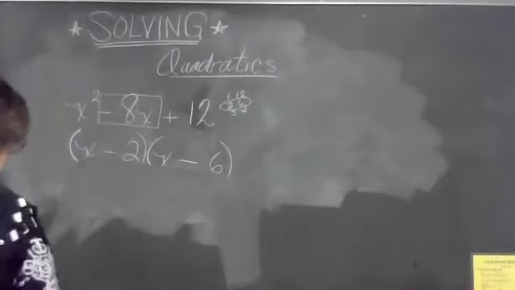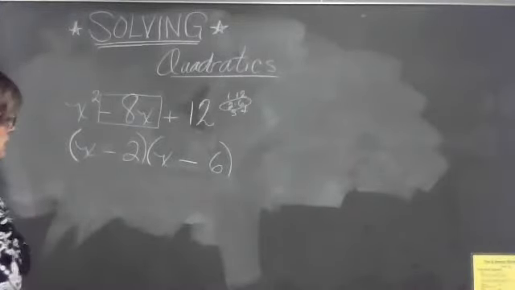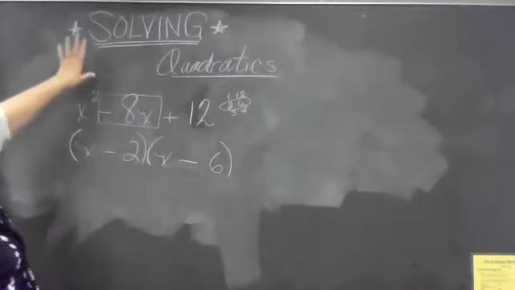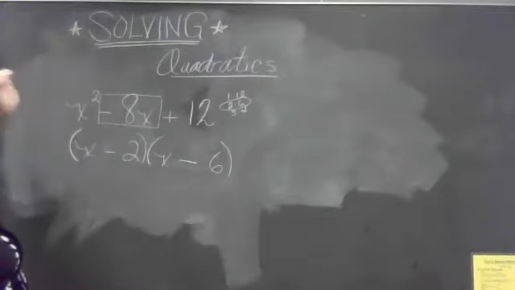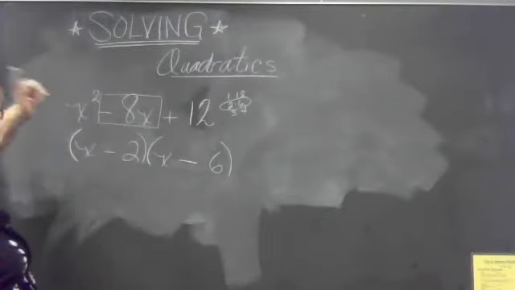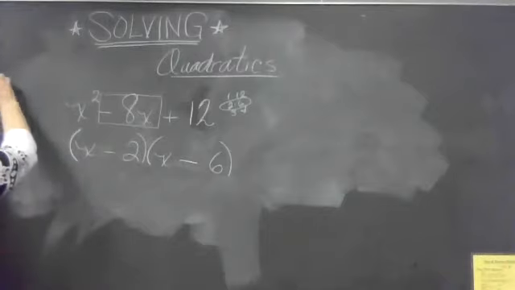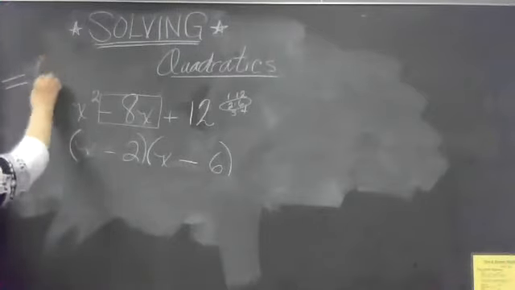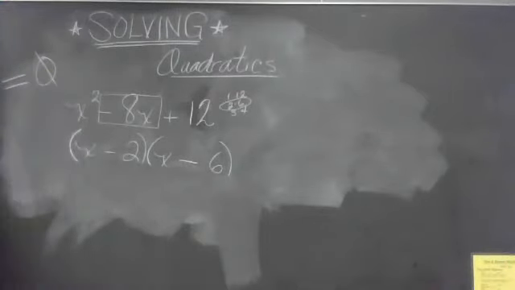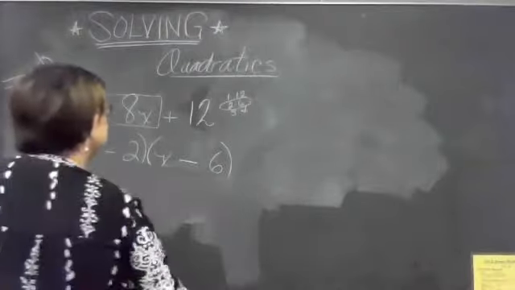So the next step for us is, if I'm going to solve a quadratic, the number one thing you have to make sure is it must be equal to 0 before you can solve anything. So this quadratic, in order to solve it, it has to be equal to 0.